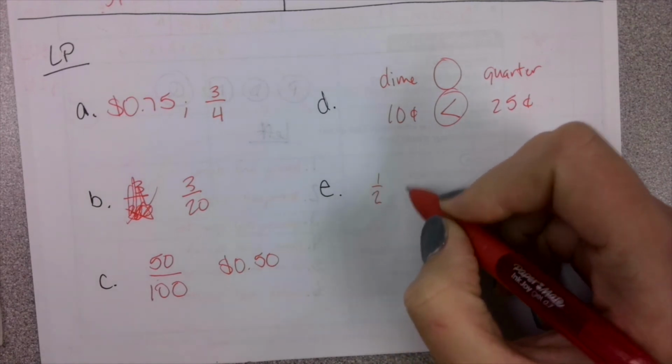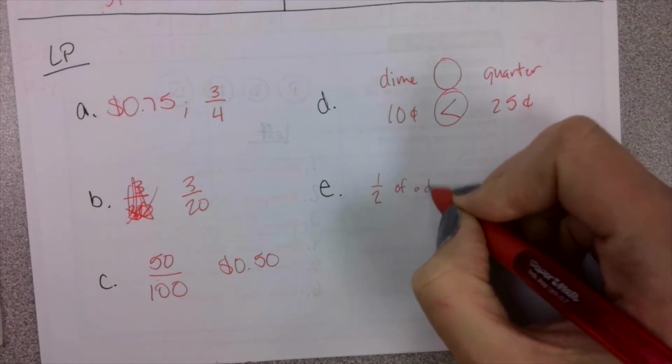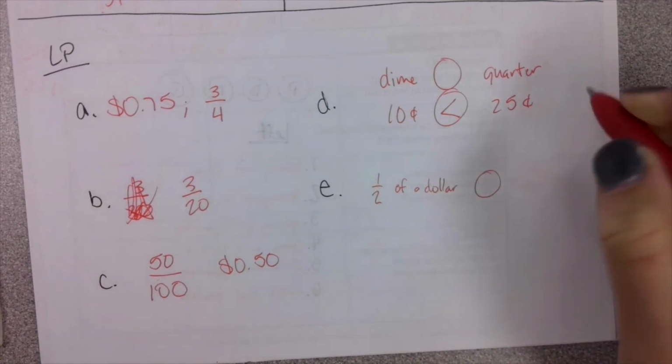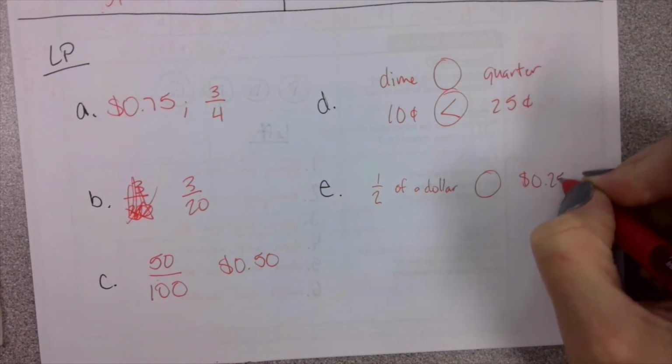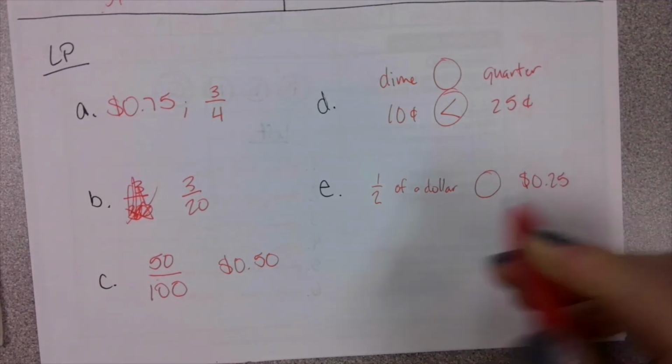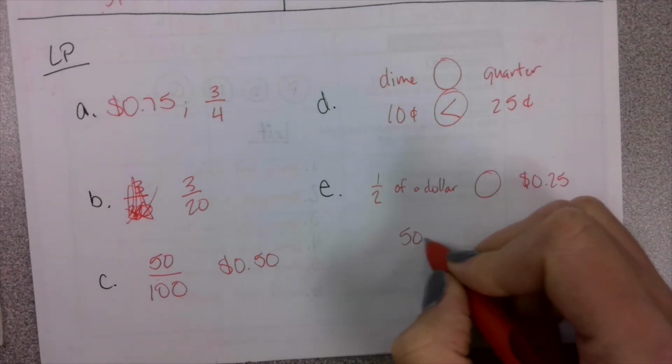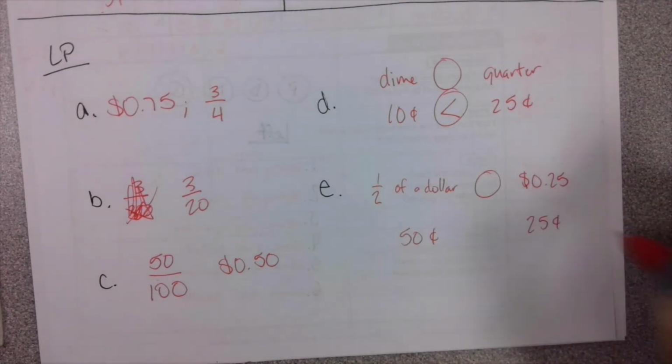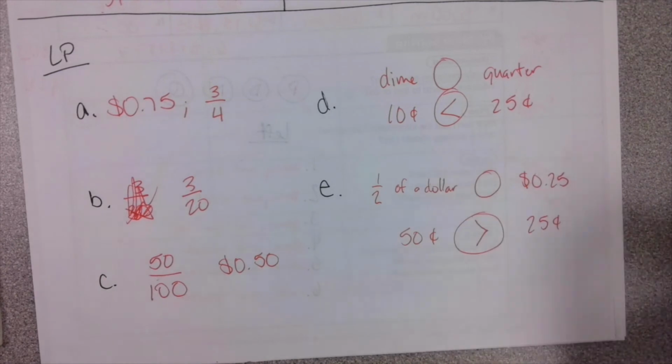E says compare 1/2 of a dollar with $0.25. Well, 1/2 of a dollar, that's 50 cents. 25 cents? Well, 50 cents is greater than 25 cents.